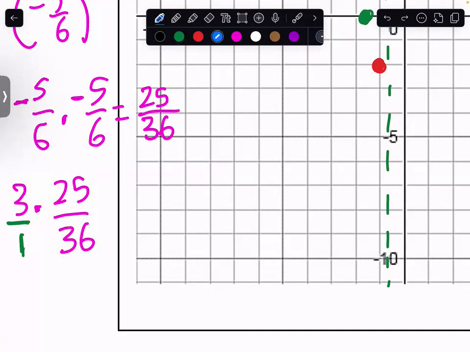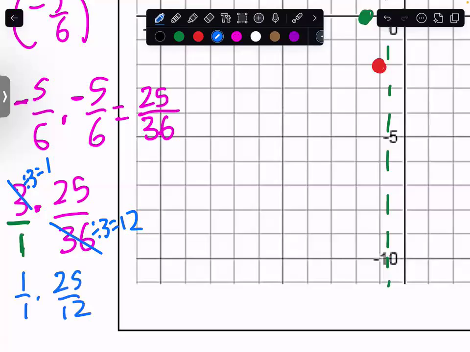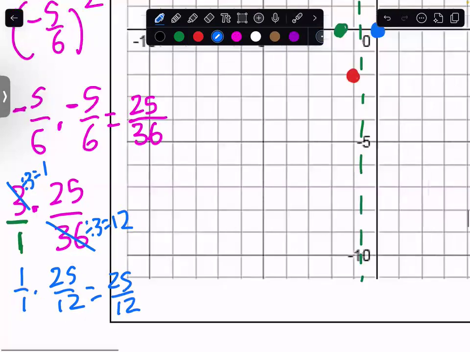We couldn't do it last problem because 5 and 6 don't have anything in common besides 1. But for this problem, 3 and 36 can both be divided by 3. So 3 divided by 3 is 1. 36 divided by 3 is 12. That makes the numbers smaller, right? So now you have 1 over 1 times 25 over 12. So you get 25 over 12.